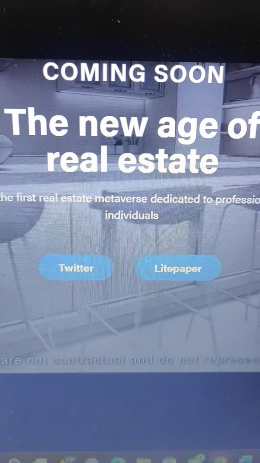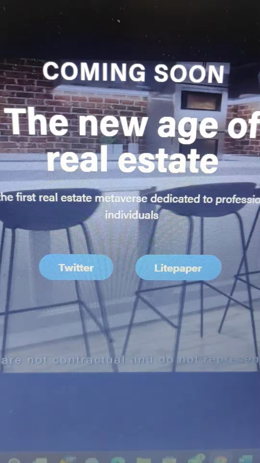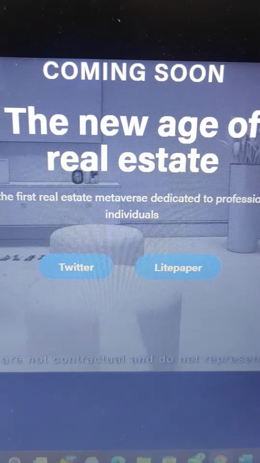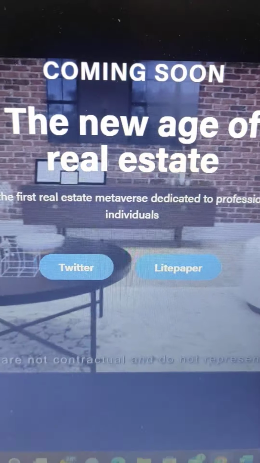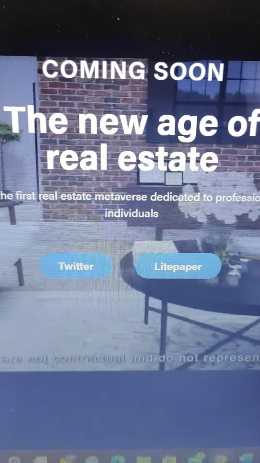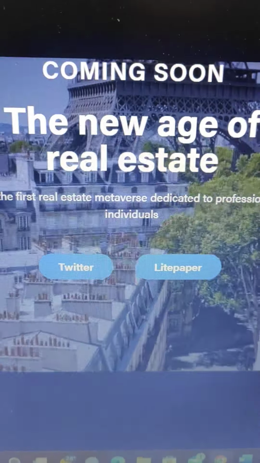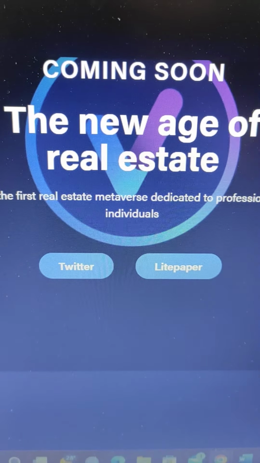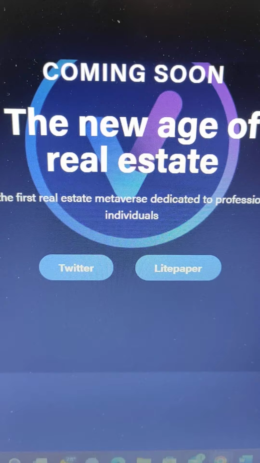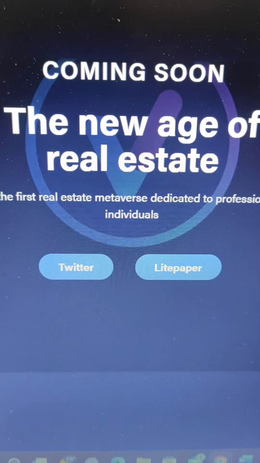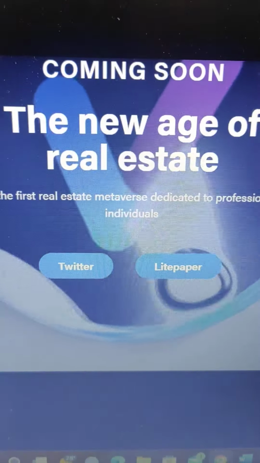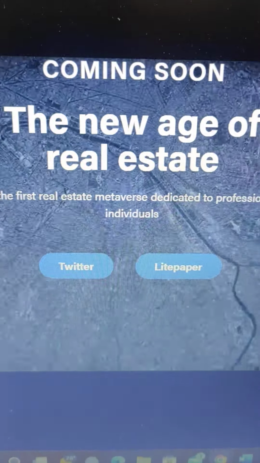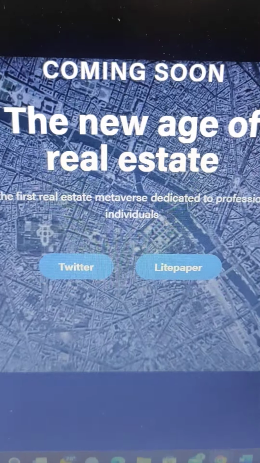There is as well a rental revenue, which also is for the owners of the NFTs, the parcels, as I said before. And this is a kind also of passive revenue, because these NFTs are assets, and so they can generate value, of course. And last but not least, there is a marketplace for real estate professionals.